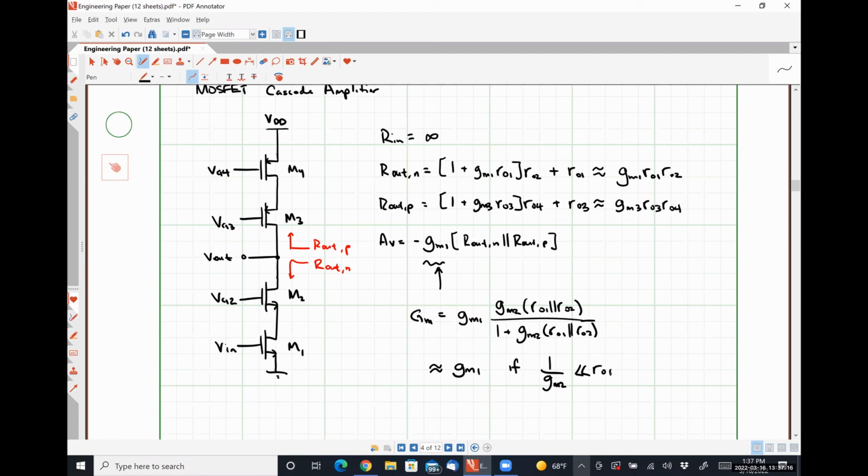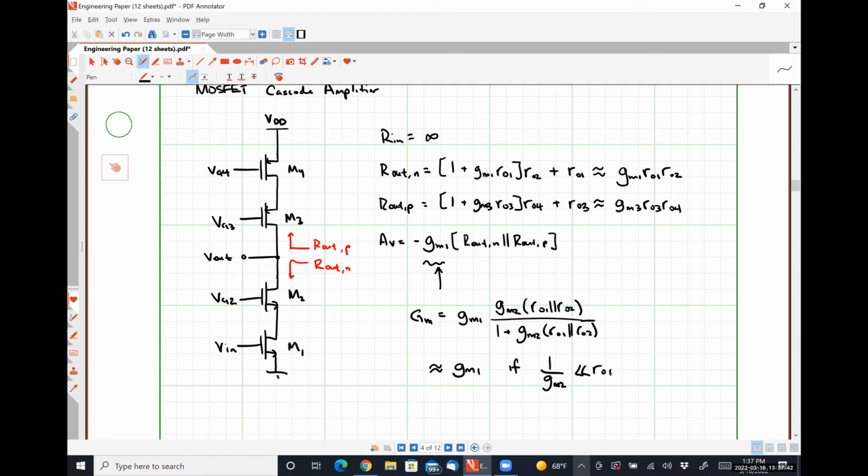Now, here's another caveat, okay? When we were talking about an integrated circuit cascode for BJTs, we were restricted to the fact that all of our different devices had the same Early voltage, which means they all effectively had the same value for r naught 1, r naught 2, et cetera.